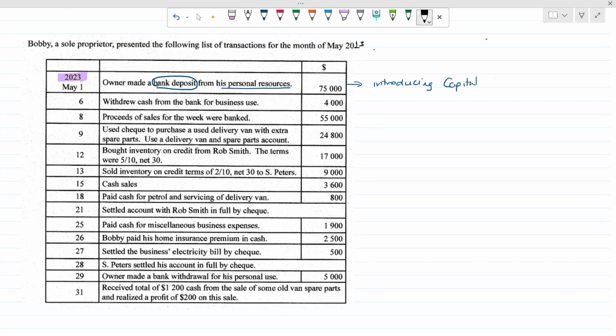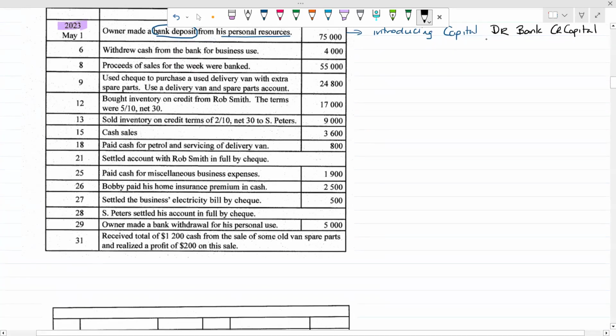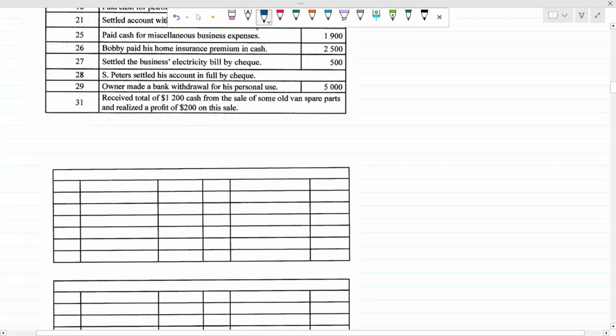So what's the double entry for this? Bank is going up because he's making a bank deposit. So you debit bank and credit capital. Good. So you're gonna write here bank account.